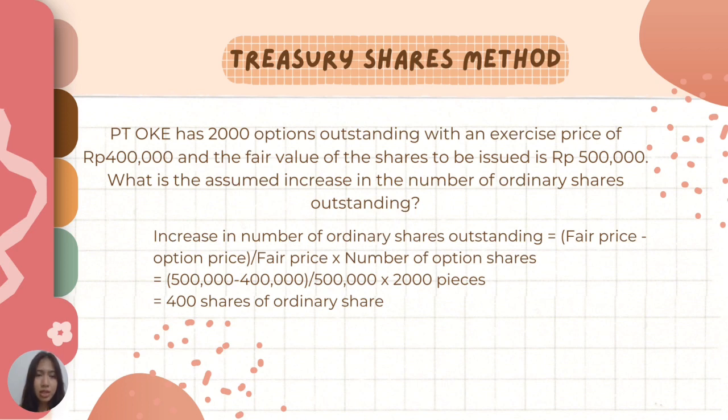An increase in the number of ordinary shares outstanding equals fair price minus option price, divided by fair price, multiplied by the number of option shares. It equals 500,000 minus 400,000, divided by 500,000, multiplied by 2,000 pieces, and the answer is 400 shares of ordinary shares.